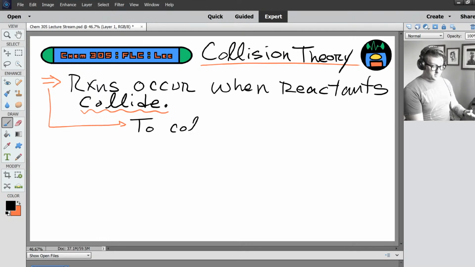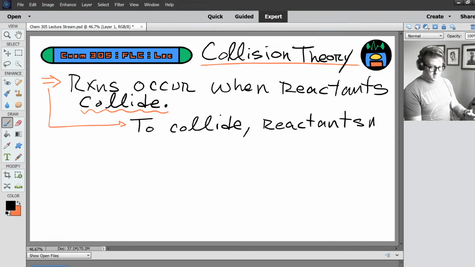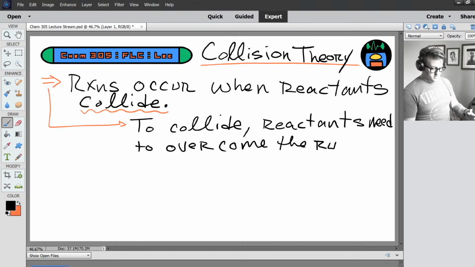To collide, reactants need to overcome the repulsion of their valence electrons.